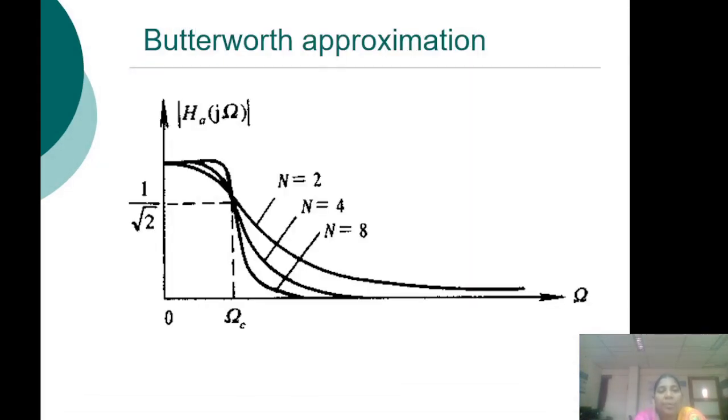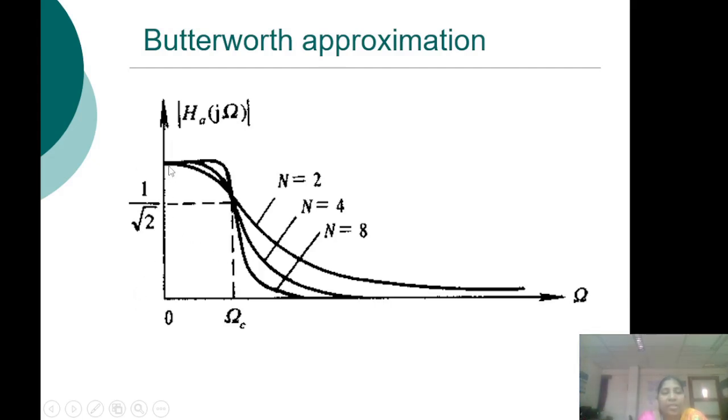If you see the picture, this is the magnitude response characteristic of a Butterworth approximation filter. The dotted line indicates the ideal low pass filter characteristic, having a sharp cutoff frequency omega c. The angular frequency omega is given on the x-axis, and the magnitude on the y-axis.